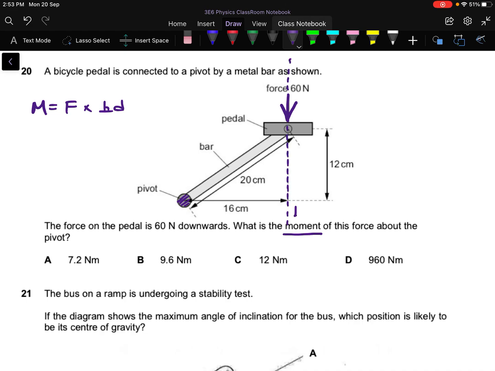This dotted line is the line of action of the 60 Newton force. From the pivot, just draw a line that is 90 degrees to the line of action of the force. So in this case, you will take 60 multiplied by 16.